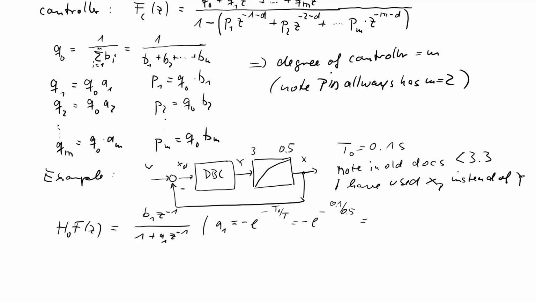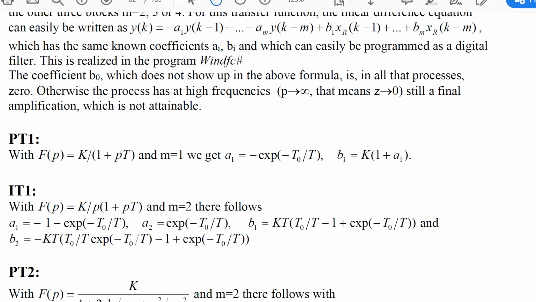This is negative e to the power of negative 0.2, and we can calculate this value to 0.8187.